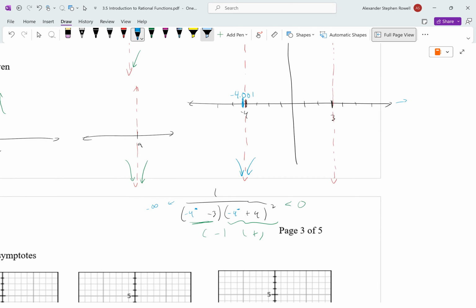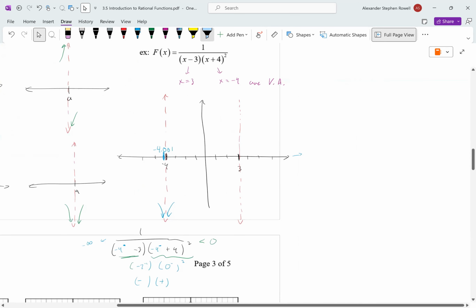And so it would still be about -7. We'd be approaching -7 from below. And we'd be approaching 0 from below. But it would still be a negative times a positive. So we would still get a negative.